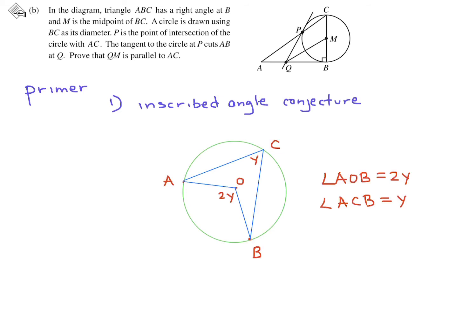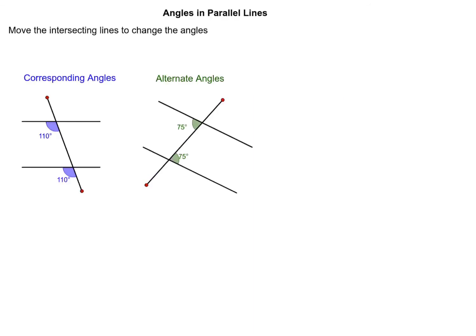Okay, so that is called the inscribed angle conjecture, and we will learn to use that later on in the question. And then the second part of my primer involves corresponding angles. And the best way to show corresponding angles is with a diagram. So here you have angles in parallel lines, correct?